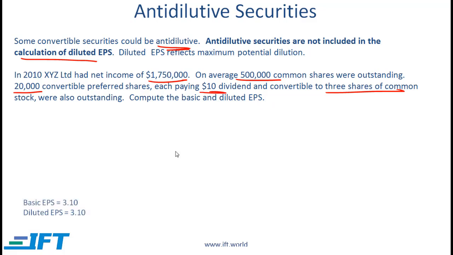We have been through these sorts of calculations before, and when you calculate the basic EPS, you should get 3.10. And when you calculate the diluted EPS, or if you assume that the shares are actually converted, then what do you get?